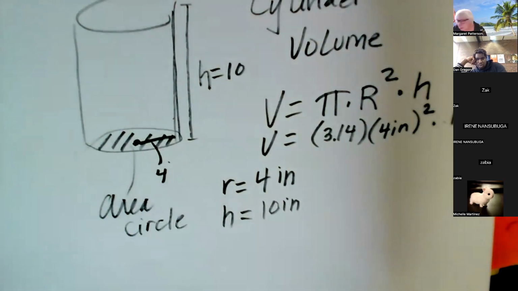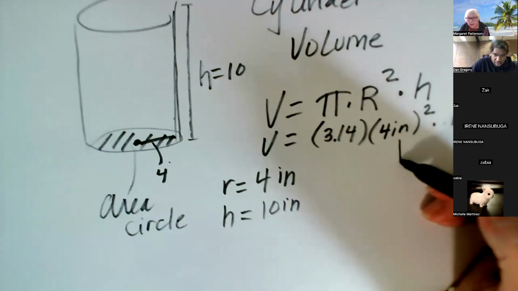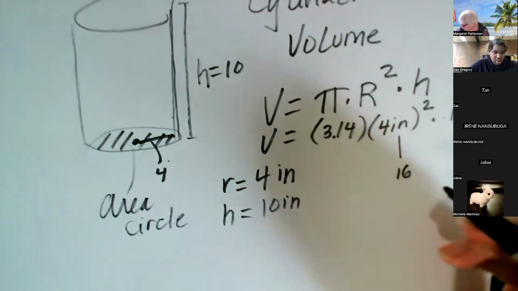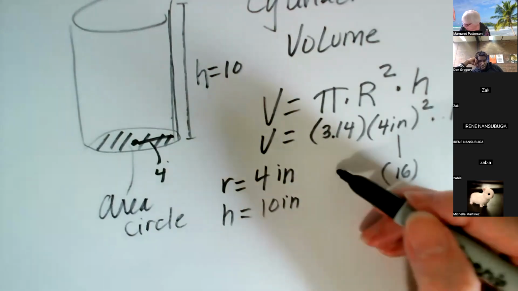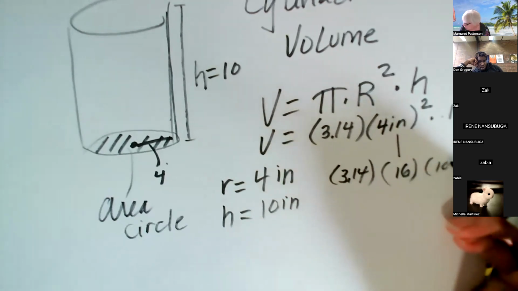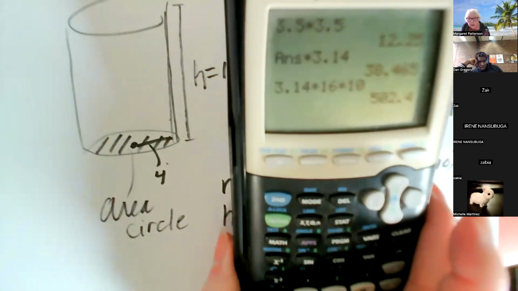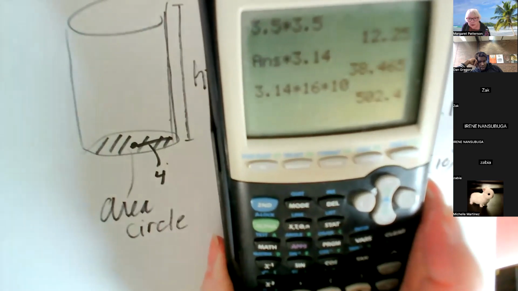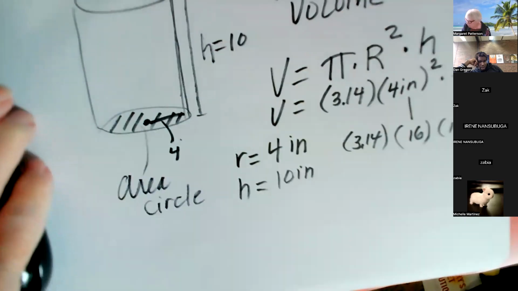So at this point, I would just pull out the calculator. The only thing I need is 4 times 4 is 16, isn't it? So you've got to do the squaring first before you start to multiply. So it's 3.14 times 16 times 10, which looks like to me 502.4.